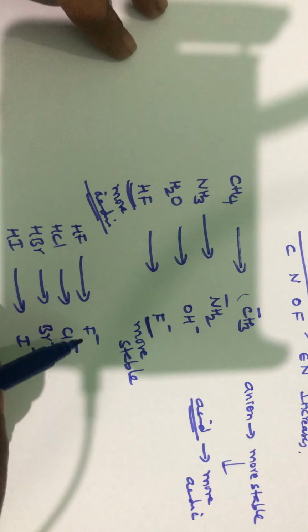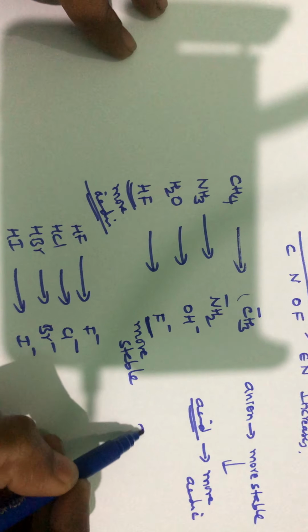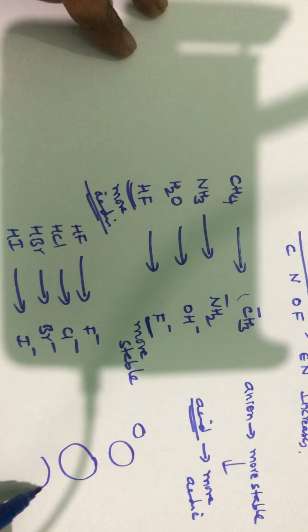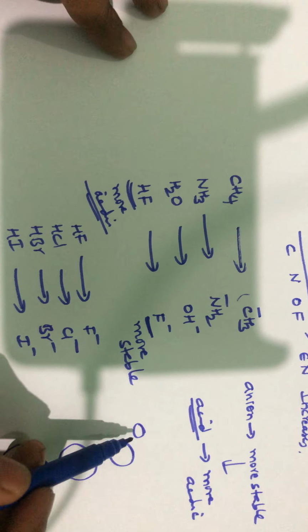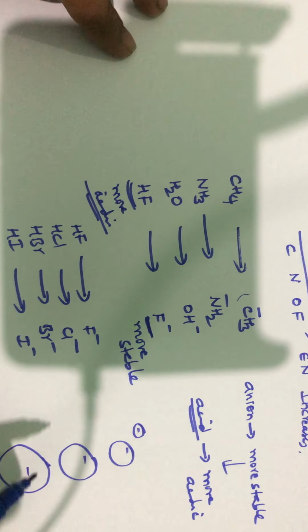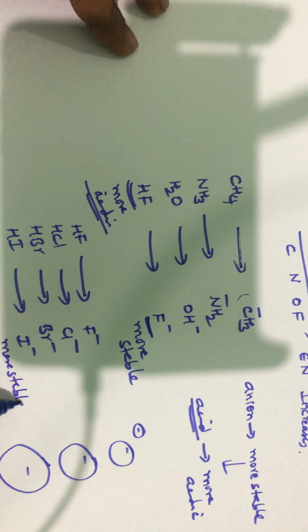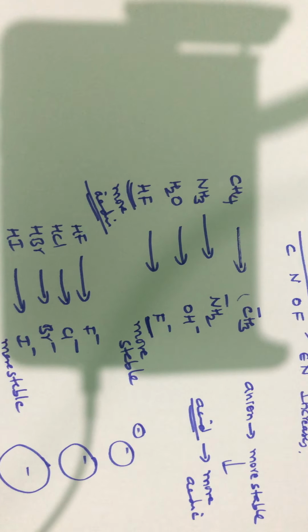So which is more stable? If you consider a single atom, fluorine is a small atom, chlorine is a little larger, bromine larger, and iodine still larger. So there is a negative charge here, and iodine can bear that negative charge easily because of its large size. So since iodide is more stable, HI is more acidic.